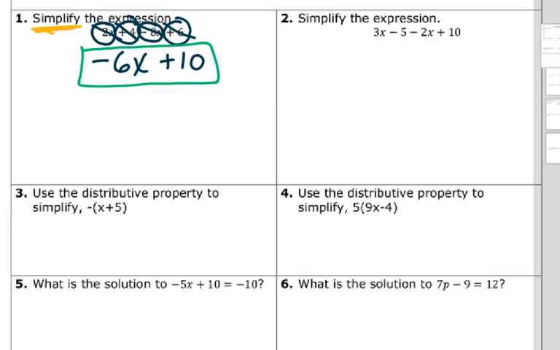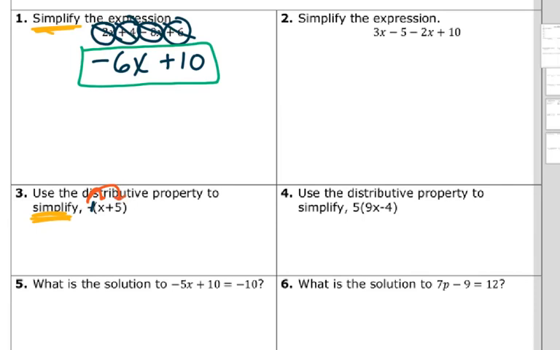In number 3, it says use the distributive property to simplify. Again, simplify is not solve. It just means that we are cleaning up what we have. We're not solving for x. We're just getting rid of parentheses. So in this example, a negative is the same as a negative 1. To get rid of parentheses, we distribute that number to both terms.